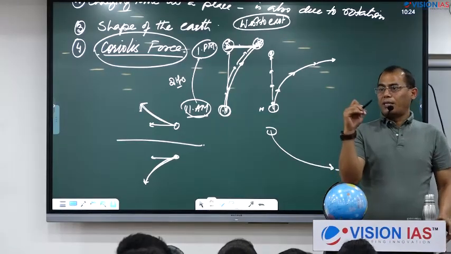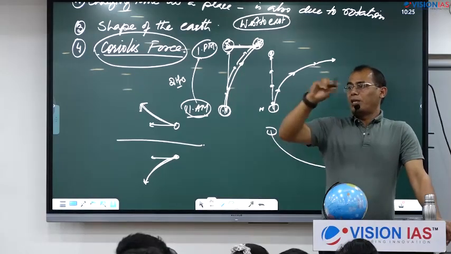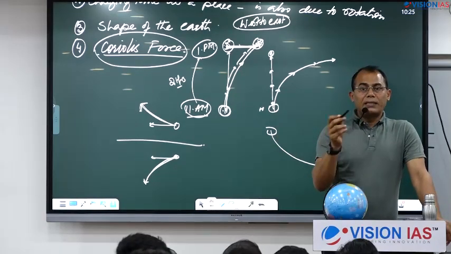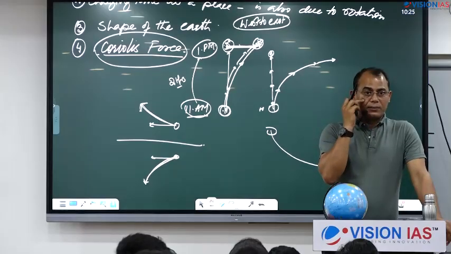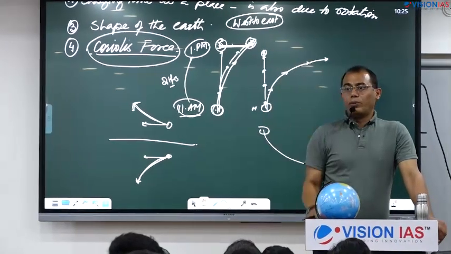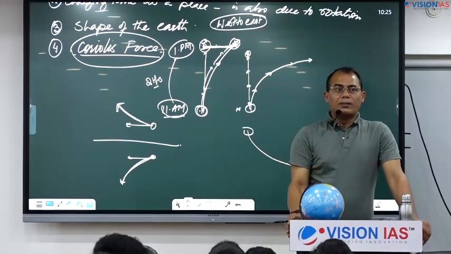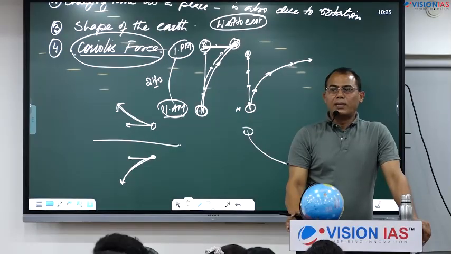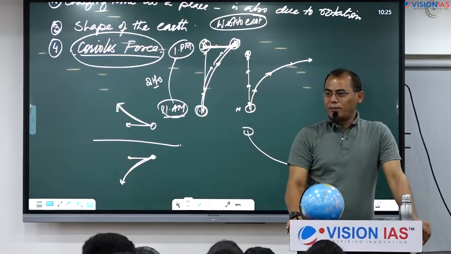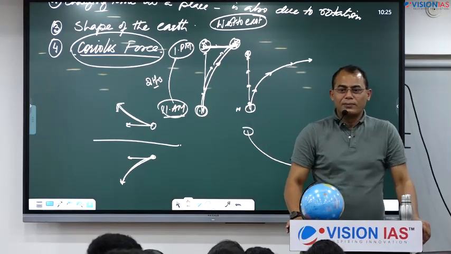Speed of rotation: the equator has the maximum speed of rotation, but it is minimum at poles, and the deflection goes to increase to maximum at poles. Angular momentum, all of you must have read. Conservation of angular momentum.